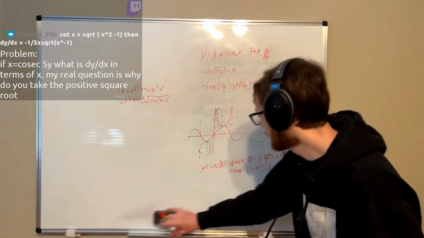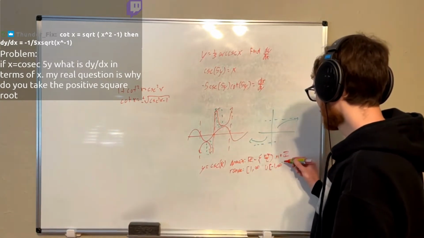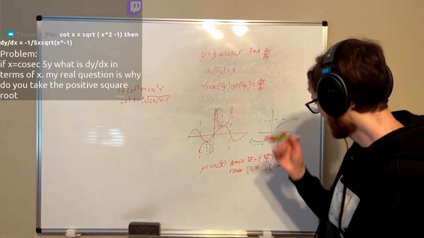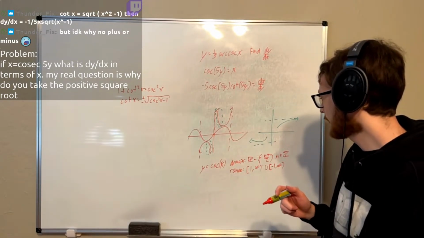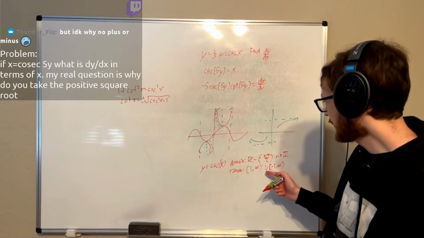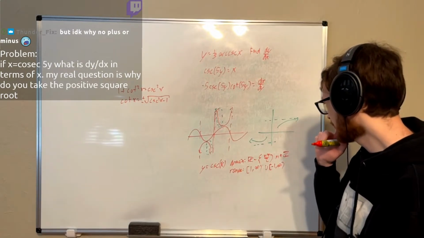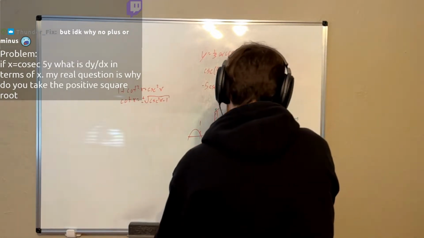Oh my god, parentheses, not brackets. So arc cosecant flips the domain and range. So we do have the horizontal asymptotes. And I guess we want arc cosecant... Okay, fine. Let's go to Desmos.